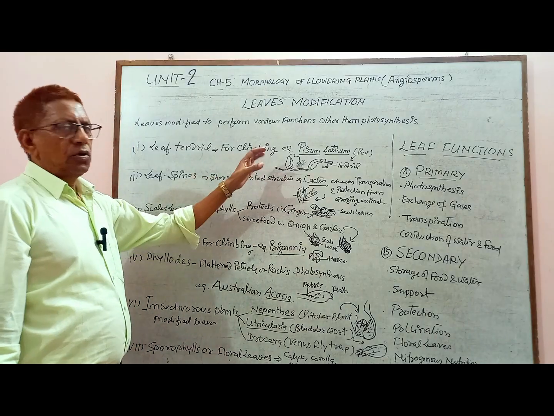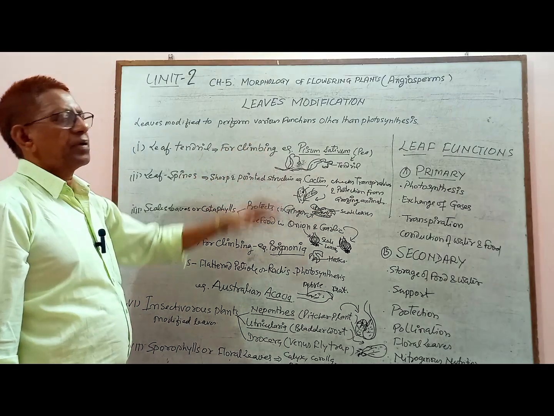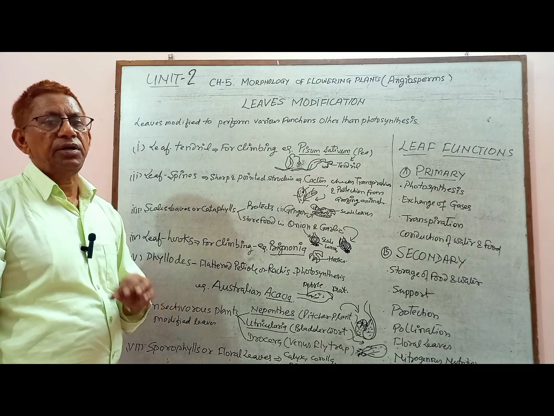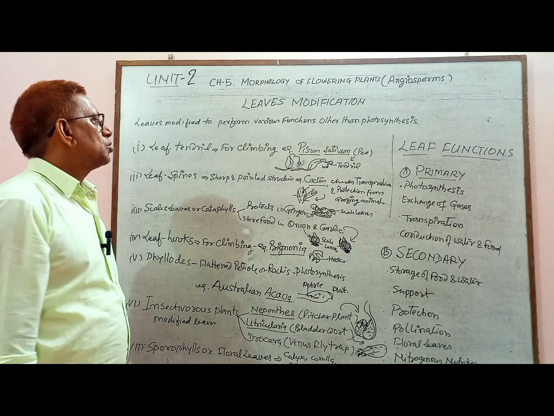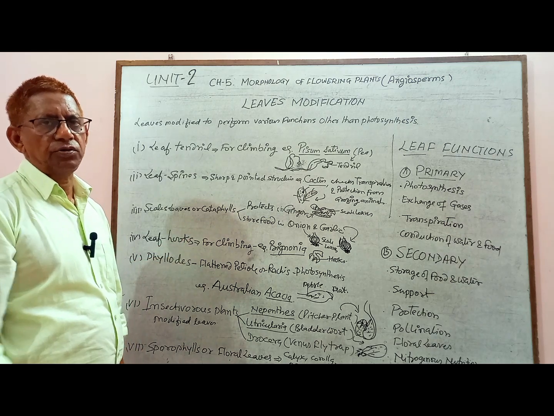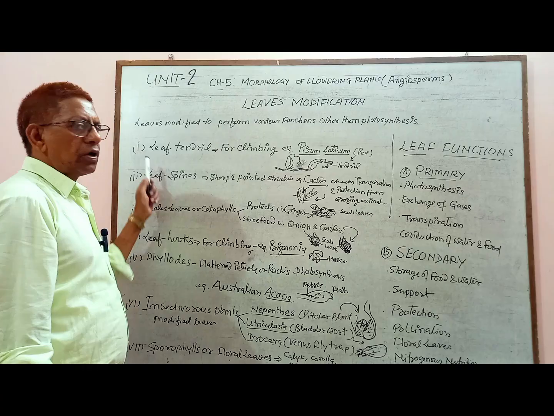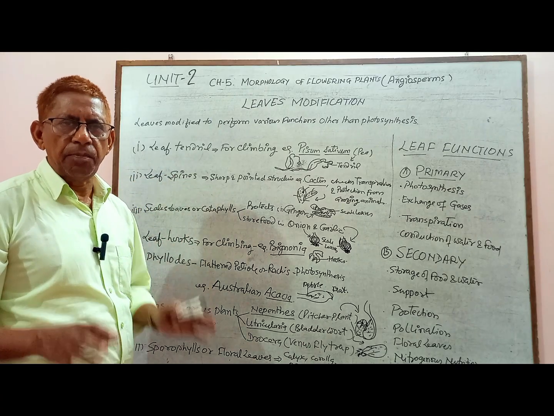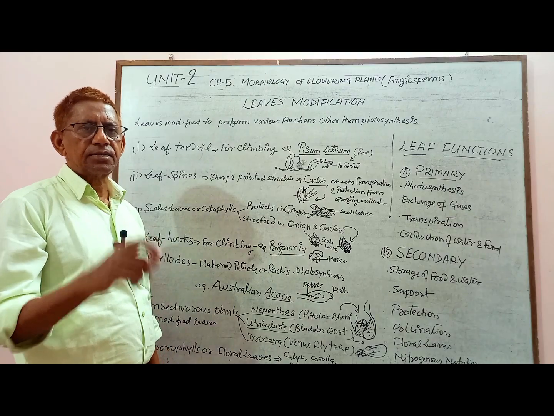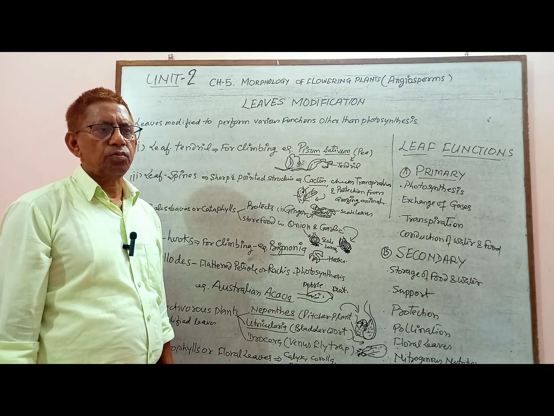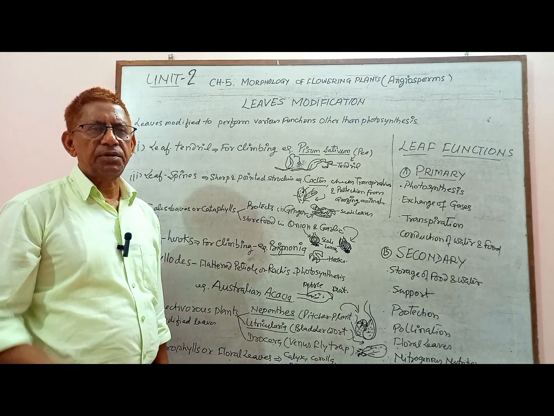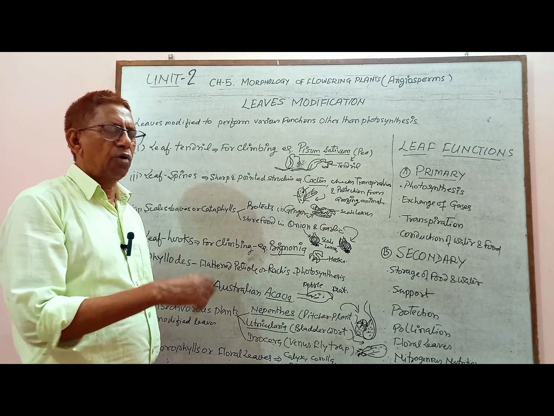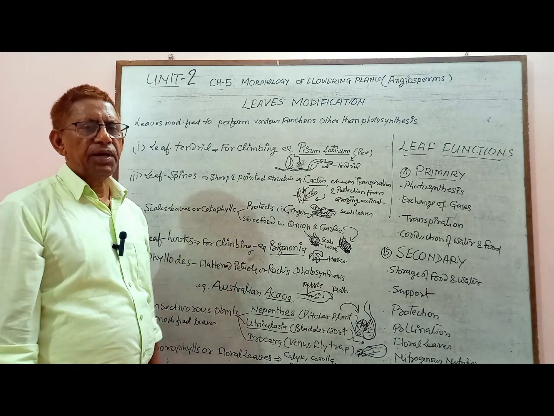Different types of modification of the leaves are carried out in nature, and no doubt they have their distinctive functions. Some of them are as follows. First, the leaf tendril. As you know, in the developing stage the leaf becomes a simple tubular structure making a spring-like structure, which is very much used for coiling around an object.